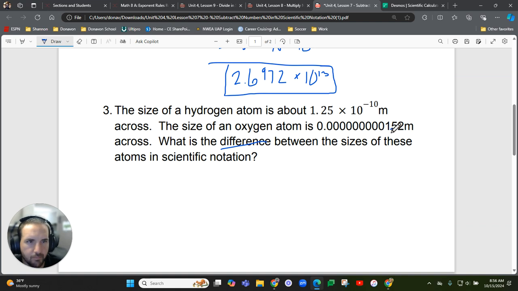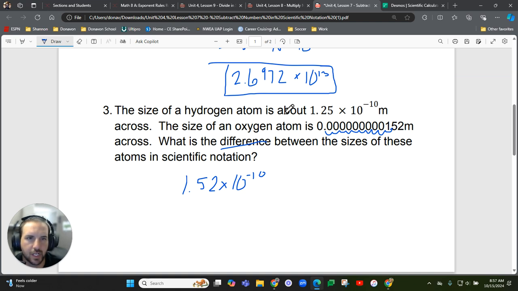So it'd be 1.52 times 10 to the, how many times do I move the decimal place over? 1, 2, 3, 4, 5, 6, 7, 8, 9, 10. Oh, I was hoping it was the same. Oh, they are, this is both 10. Just kidding. So in that case, I can just subtract them.